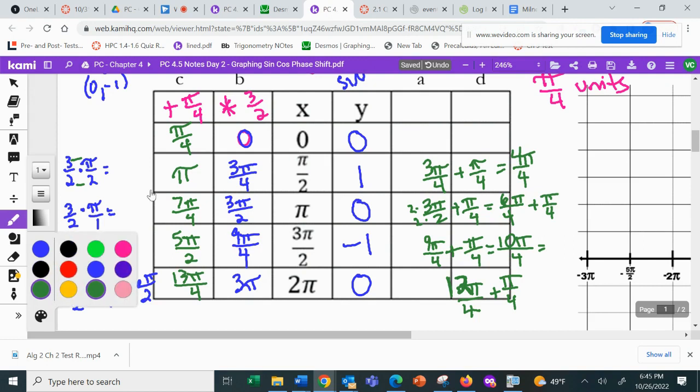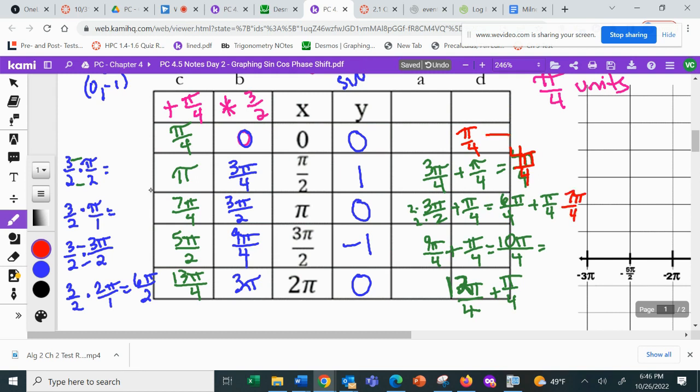You can probably figure out some of these without doing all the math because the x's are spaced evenly. So if I go from pi over 4 to 7 pi over 4, hold on, this is 7 pi over 4.